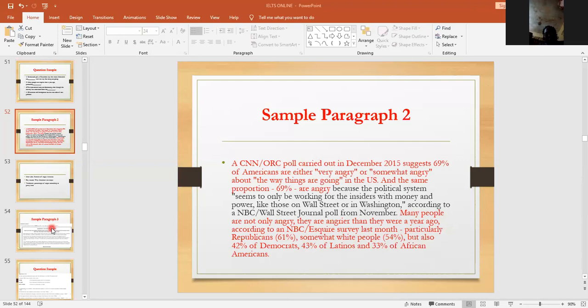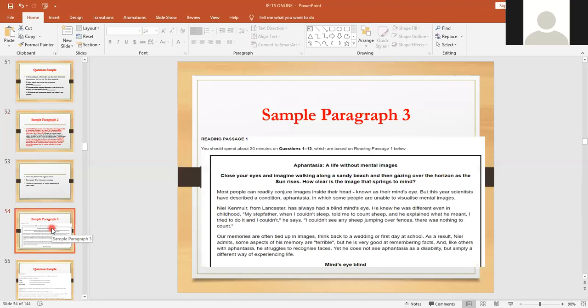Okay, so I said I would be using another passage now to explain what I just said. Okay, this is a passage.